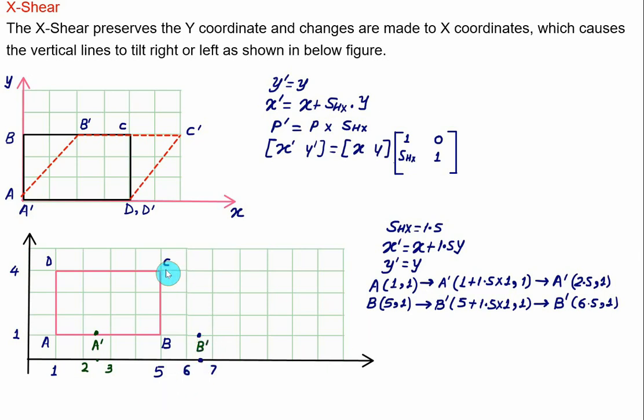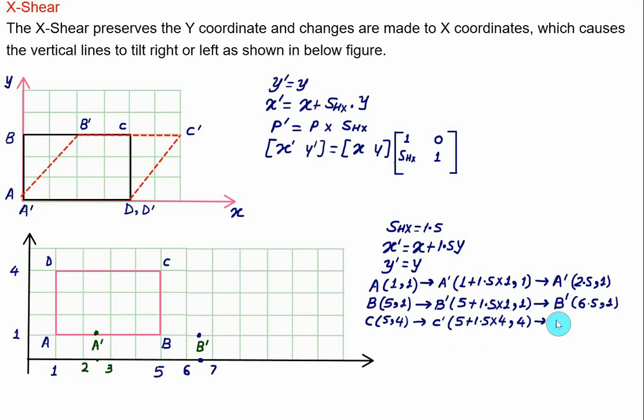Similarly, the position of C will also change. Originally we have C equal to 5 comma 4. So we have 5 comma 4. In this case C' will be equal to x, which is 5, plus 1.5 multiplied by 4, and the y coordinate will be the same, equal to 4. 1.5 into 4 is 6, 6 plus 5 is 11.